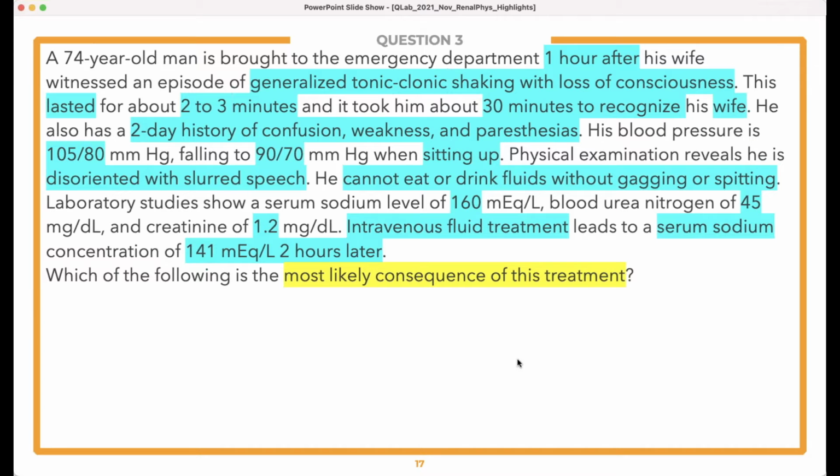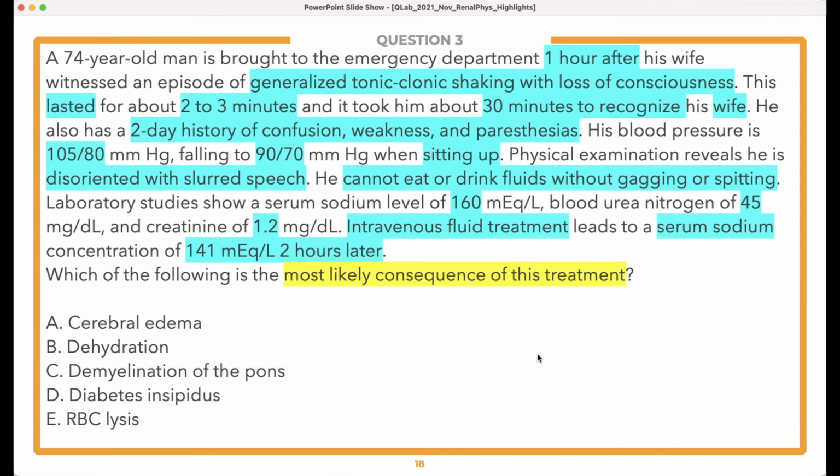So let's go ahead and take a look at those answer choices. Once again, we see 5 answer choices here. We're going to go through those answer choices one by one, starting at the bottom and working our way up to the top. Answer choice E, RBC lysis. D, diabetes insipidus.